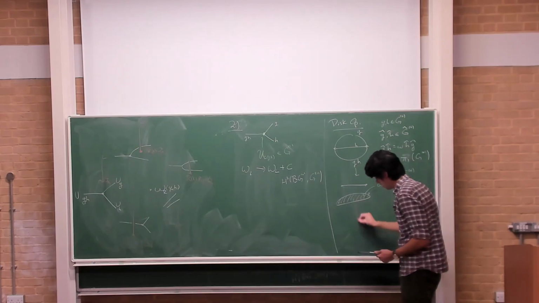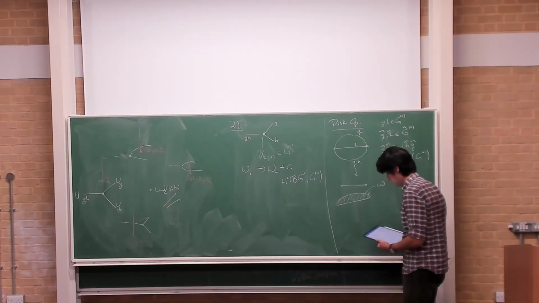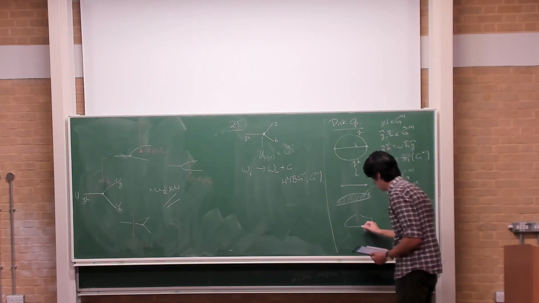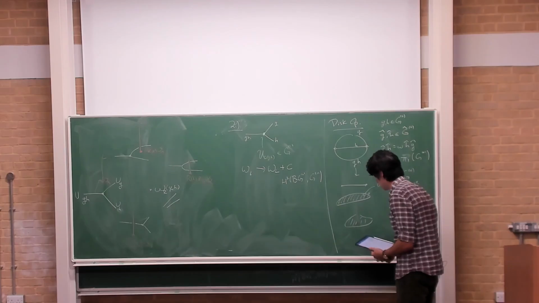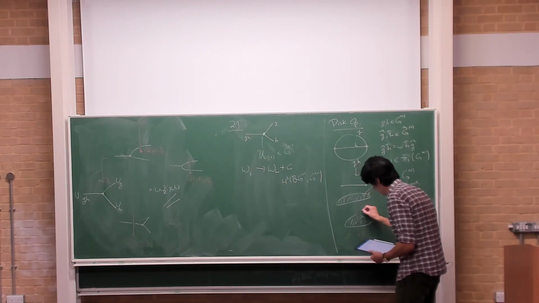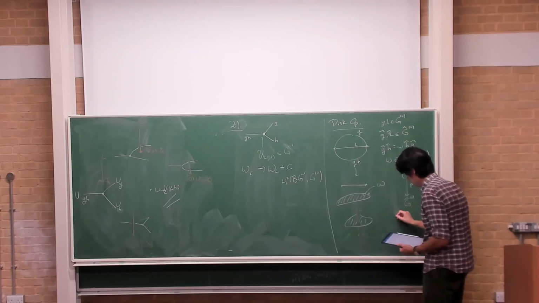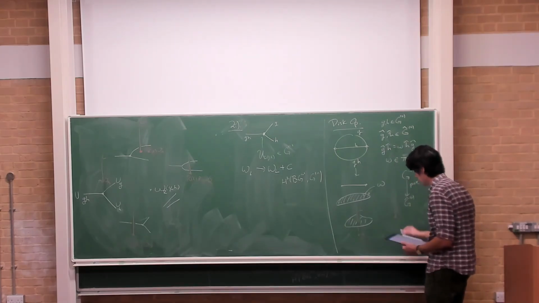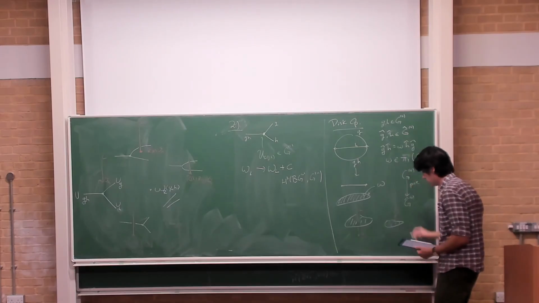So the picture is that if you have some line operator here that punctures the disk, which ends on the local operator, you can pull the disk off in two different ways.